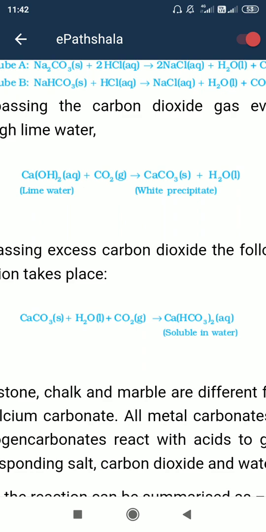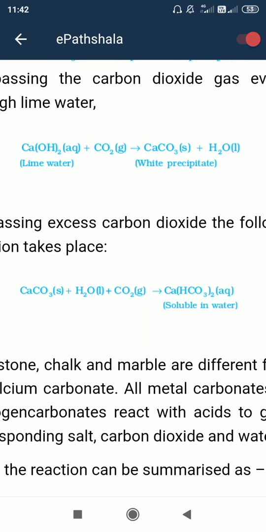White precipitate means it does not dissolve in water, that's why it is in the solid state and white colored. Sometimes precipitate is written as PPT. So calcium hydroxide, a base, reacts with carbon dioxide and forms calcium carbonate, white precipitate, plus water.